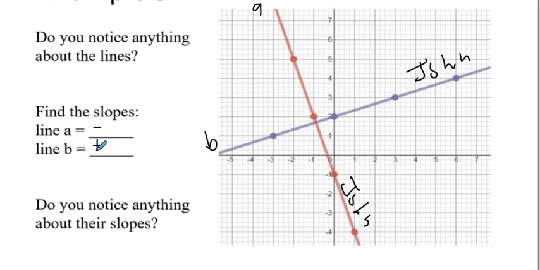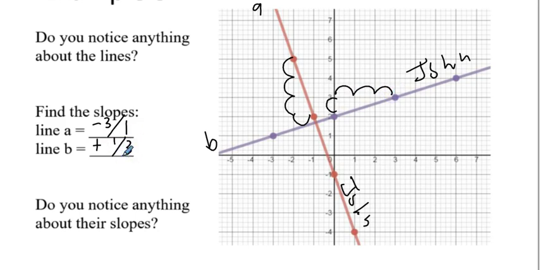So line A, let's count from one point to another. 1, 2, 3. Down 3. So -3 over 1 to the right. So it's a -3 slope. Now line B goes up 1, simple, and then it goes right 1, 2, 3.